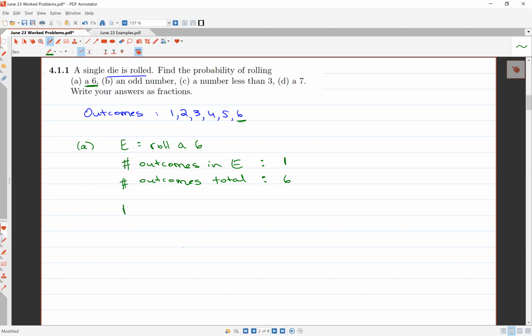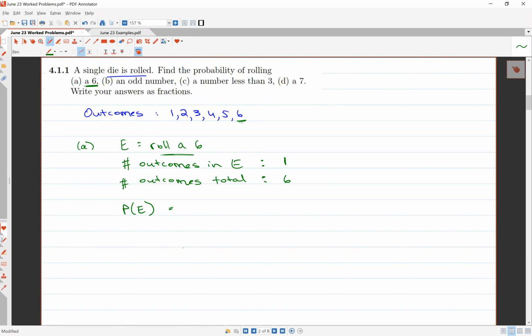And we write a big P for probability, and then in parentheses, we put the name of the event. We'll often use the letter E. That's what you'll see most often here, just E for event. And we've defined that in this case to be rolling a 6.